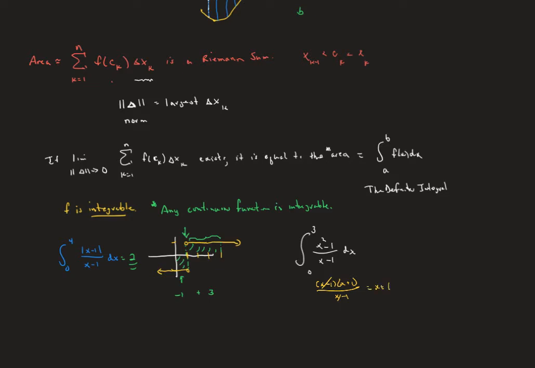So the graph of this function is going to look like y equals x plus 1 from 0 to 3. At 3 it's going to be 4. So it's going to look like this line between these two points, except that at x equals 1, there's going to be a hole in the graph.